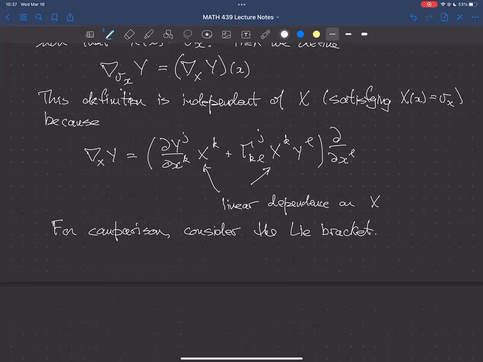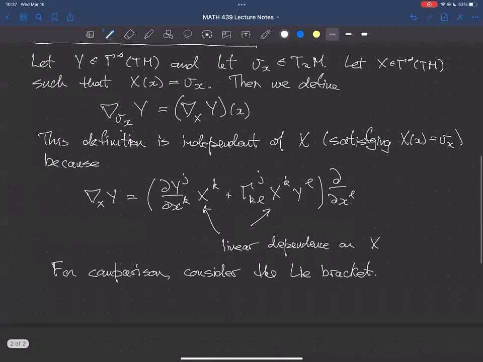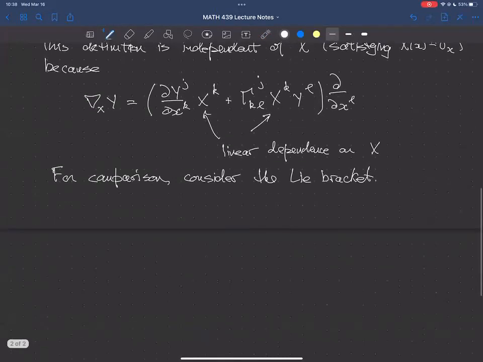Okay, and so we could just do the same kind of a construction as we did here. We could say, take a tangent vector at x, choose a vector field that extends it like so, and then define the bracket of V_x with Y by this formula. Okay, so let's try to do this.